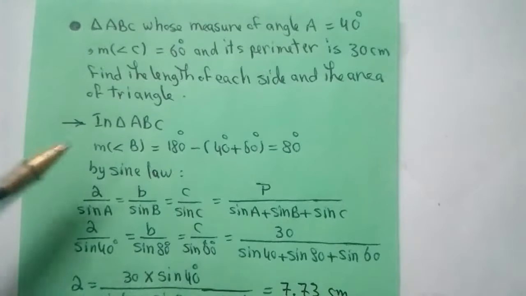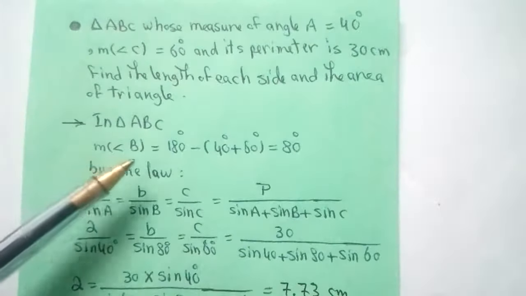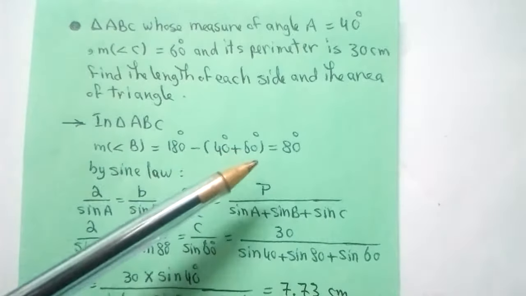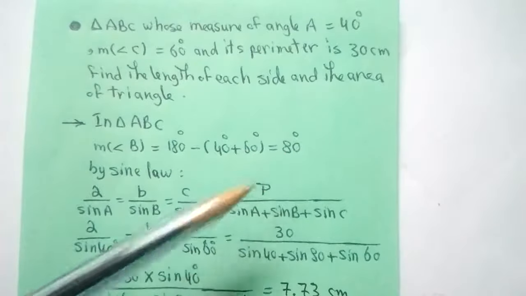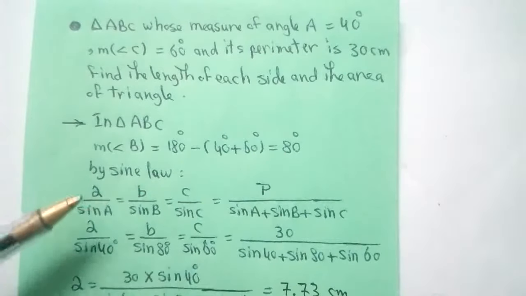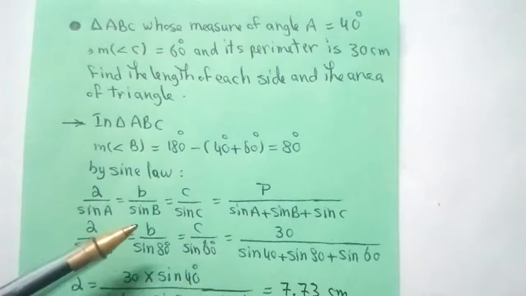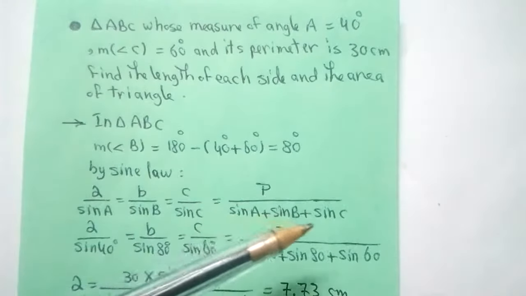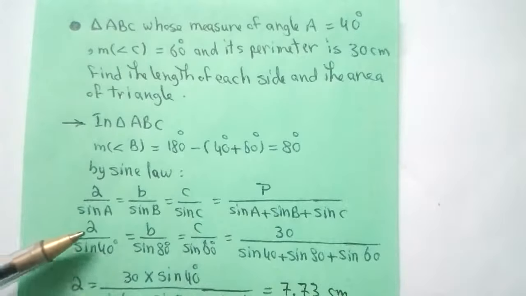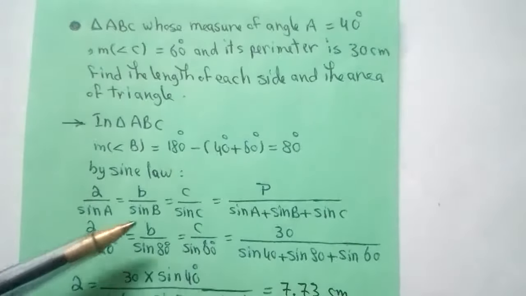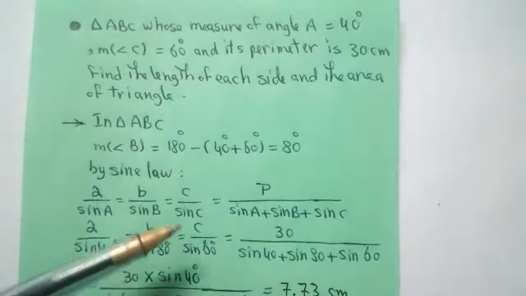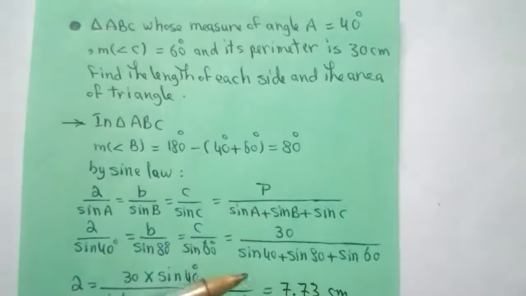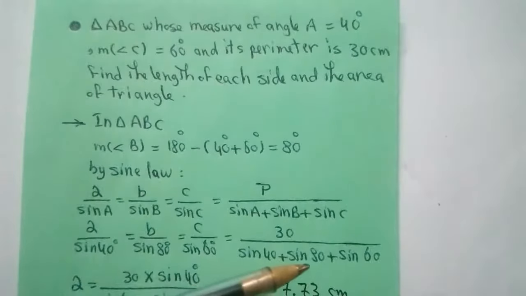In triangle ABC, measure of angle B equals 180 minus (40 plus 60), which equals 80. By the sine law, a over sine 40, b over sine 80, c over sine 60 equals 30 over sine 40 plus sine 80 plus sine 60.